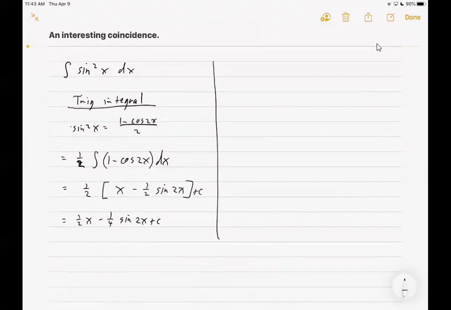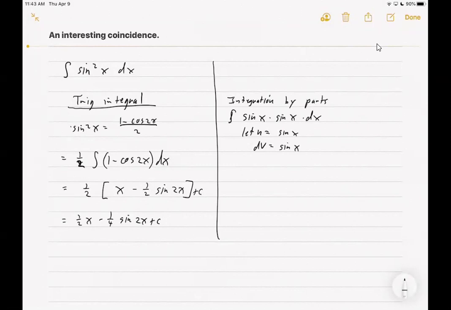But some of you may say, wait a second, we could do this by integration by parts. Okay, we could rewrite this as the integral of the sine of x times the sine of x dx. You would let u equal sine of x. dv would also be the sine of x.